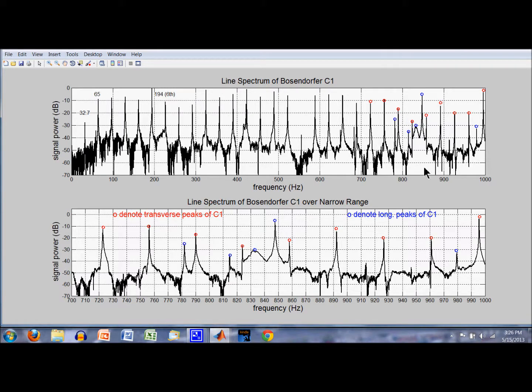In other words, they don't occur until around 800 hertz, and they are the peaks from the longitudinal vibrations. And then down here is a closer look at this range from 700 to 1000. You see, here are the peaks from the transverse vibrations, the red circles. And then here are these peaks in blue from the longitudinal vibrations.